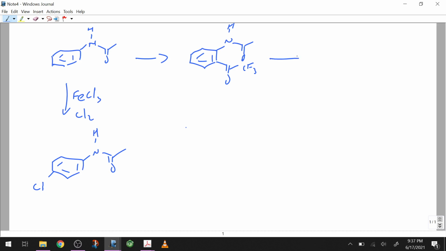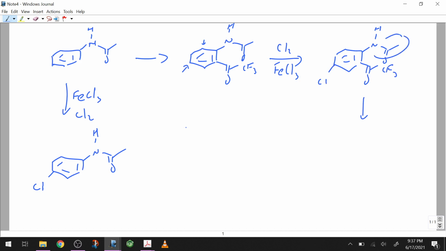But if I did it that way, well, now everything directs here or here, and again, the size question could be a serious one. So my chlorination is probably a little cleaner here, probably mostly getting chlorination para to the nitrogen. And then last step would be just to remove that group, which is basically just base, aqueous base. It's not particularly difficult to remove that.